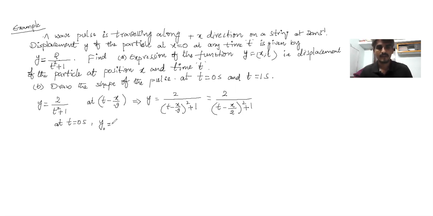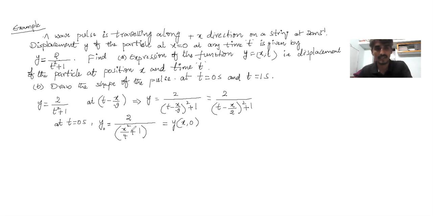Y naught will be equal to 2 by, okay, t minus x by 2 whole square, in this t value 0, therefore minus x by 2 whole square is nothing but x square by 4 plus 1. X square by 4 plus 1. This is y of x comma 0.